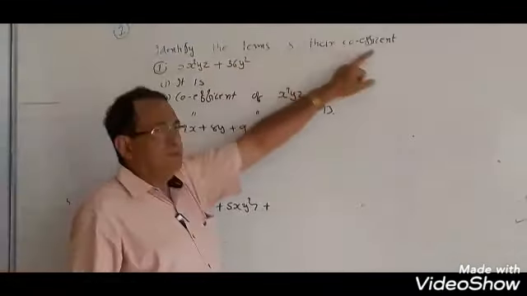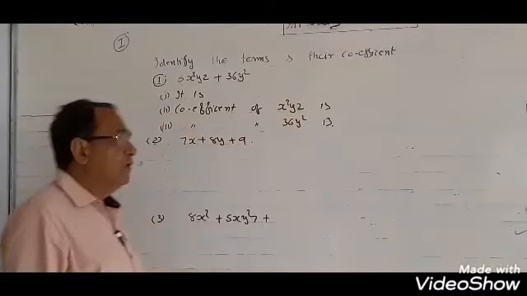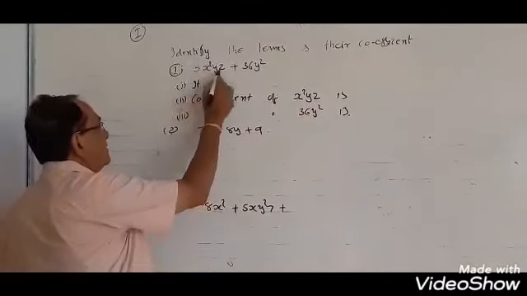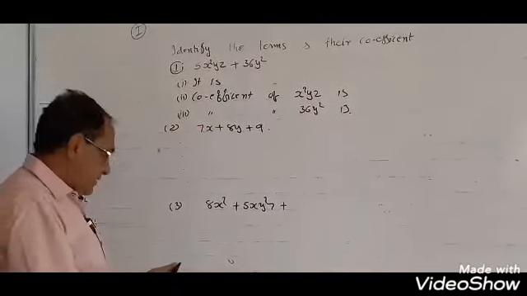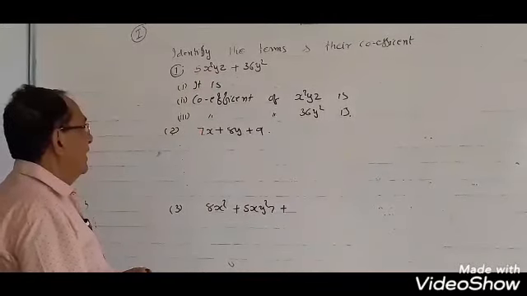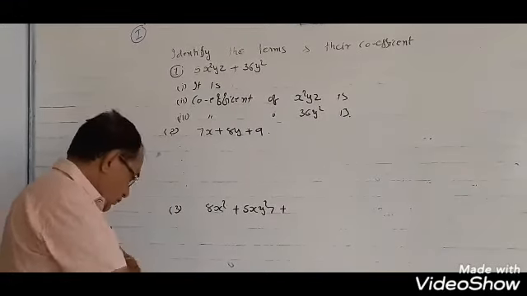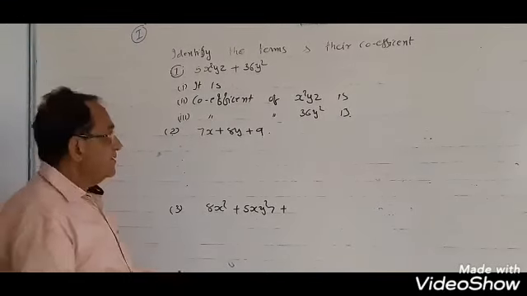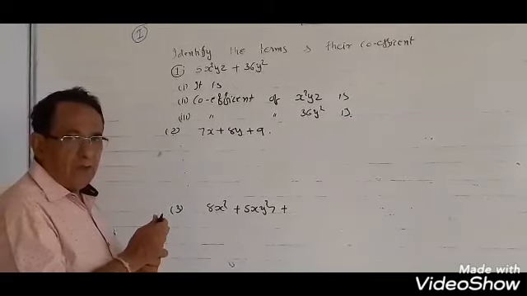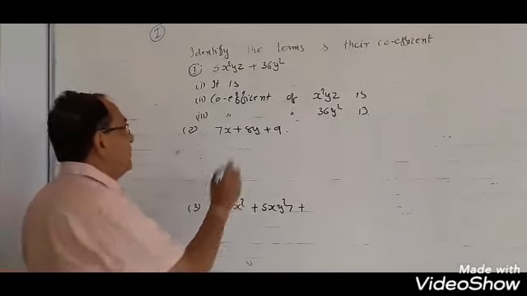Identify the terms and their coefficients. 5x square yz plus 36 y square. Which one? Is it a trinomial or a monomial? No, it is a binomial.